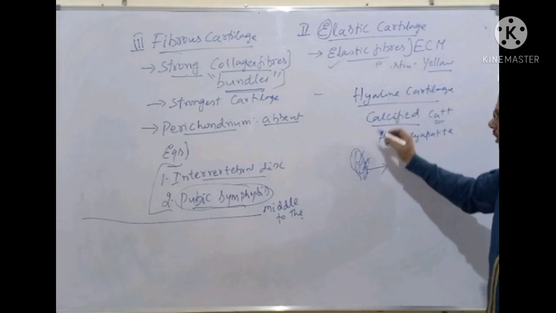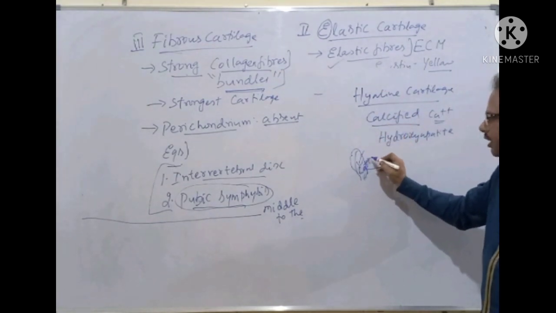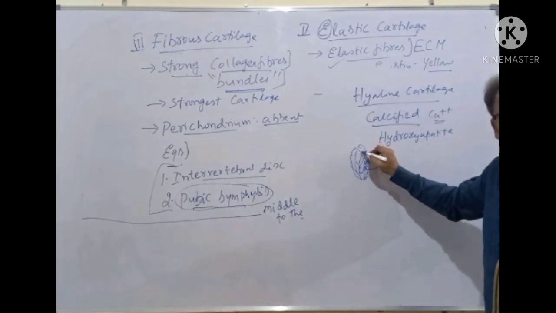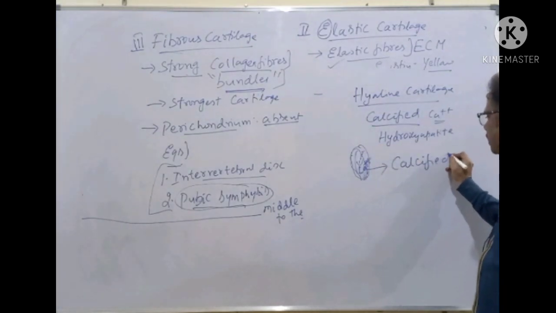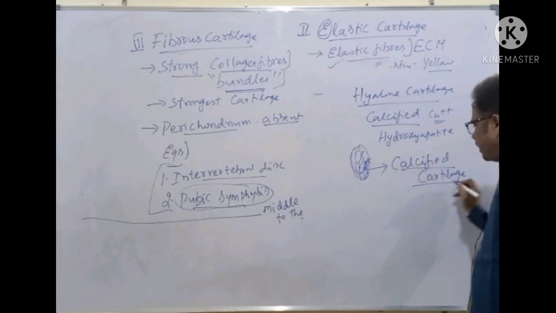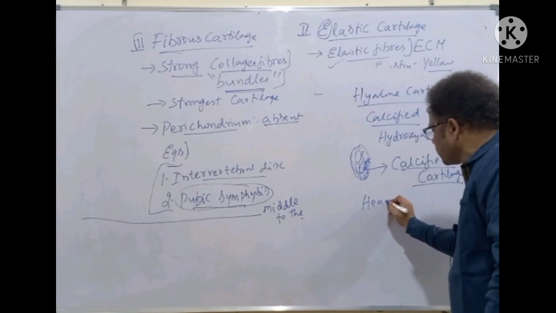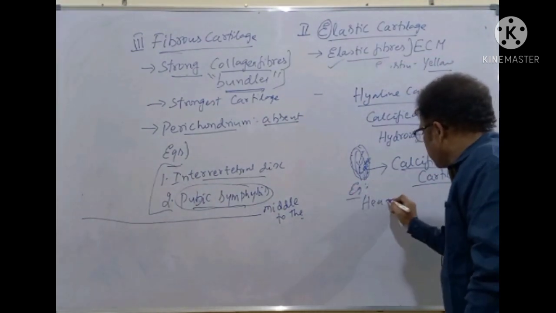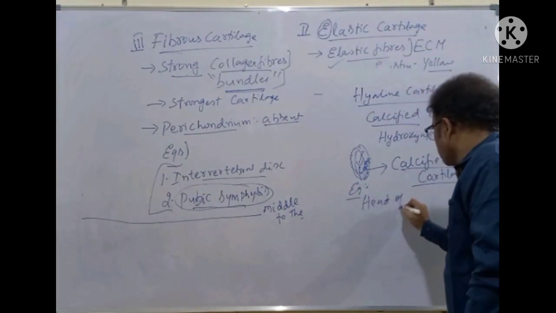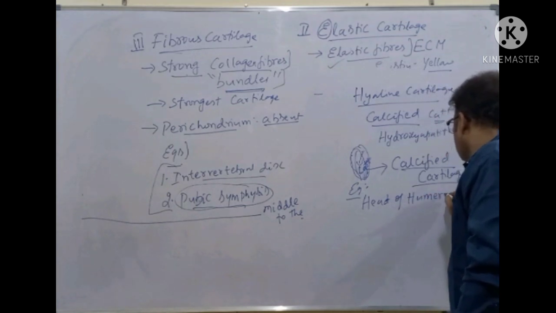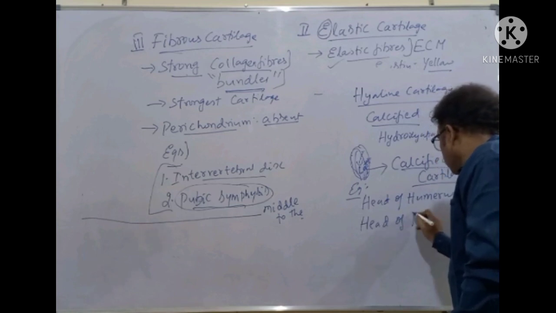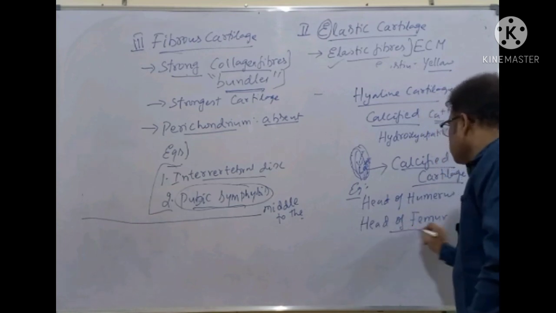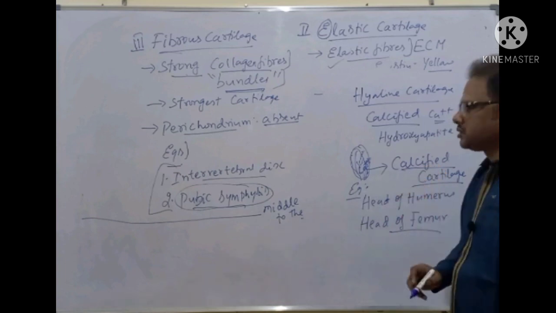Because of the deposition of more calcium salts here, the hyaline cartilage becomes very tougher and stronger, and that's called as a calcified cartilage. The calcified cartilage is present in the head of the humerus. Examples are head of the humerus and head of the femur bone. Thigh bone. These are the examples of the calcified cartilage.